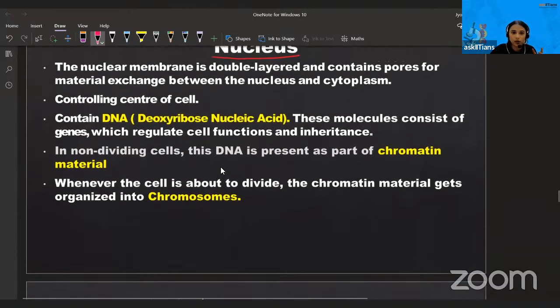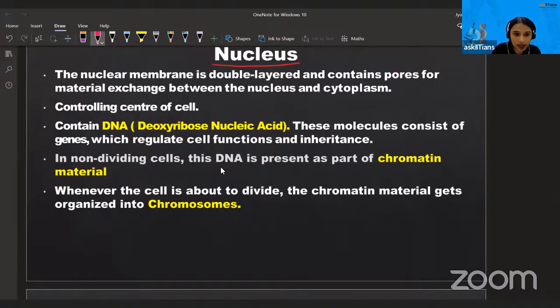Now here you can see the full form of DNA. What is DNA? Deoxyribonucleic acid. That is our genetic material. It has all the information. All the genetic information is present in this molecule. So organisms' appearance, their function, and their development, all the activities are basically controlled by this DNA.